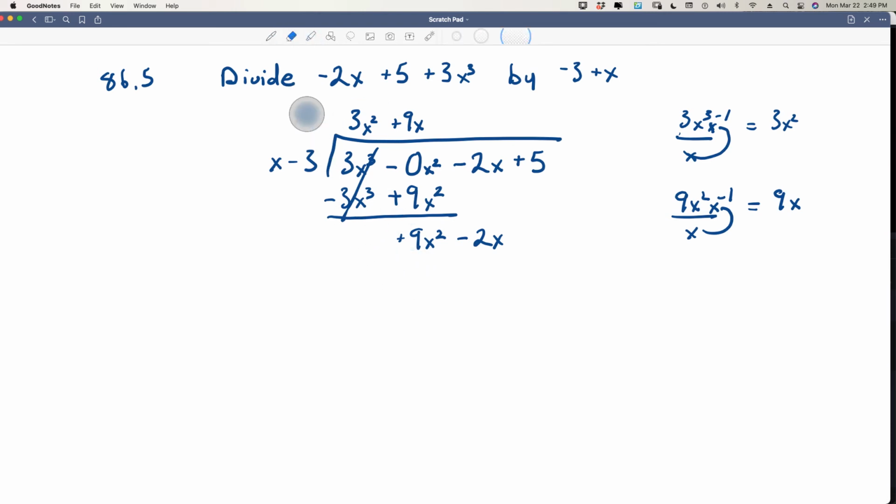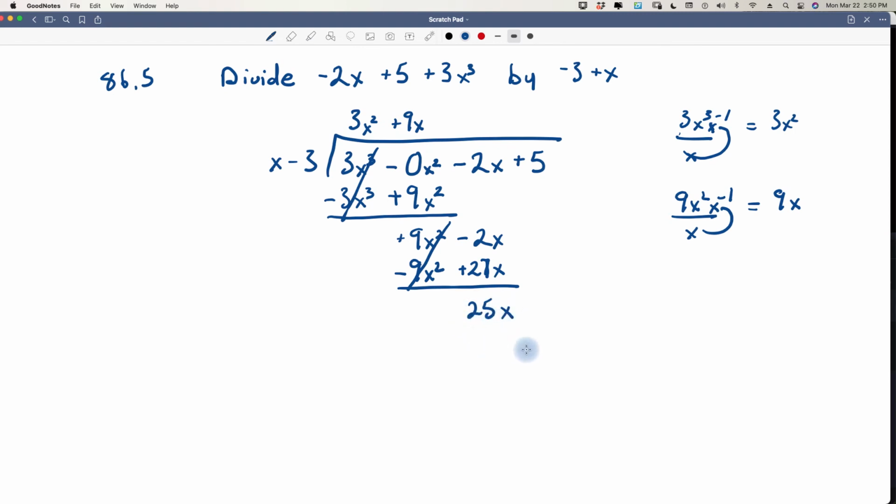My pen is jumping around really funny today. So that's 9x squared. 9 times negative 3 is negative 27x. Flip the signs and subtract. These cancel. We combine a positive 27 and a negative 2 to get a positive 25x.